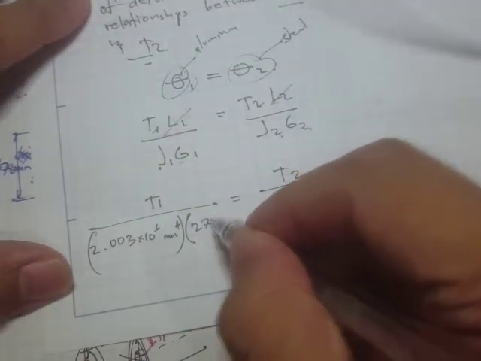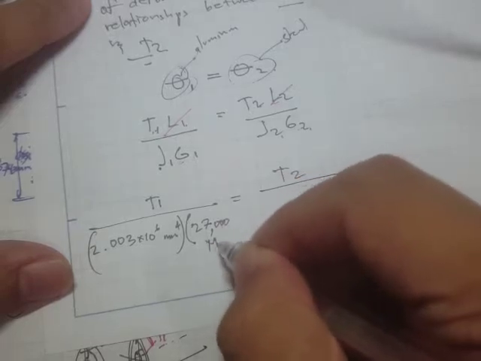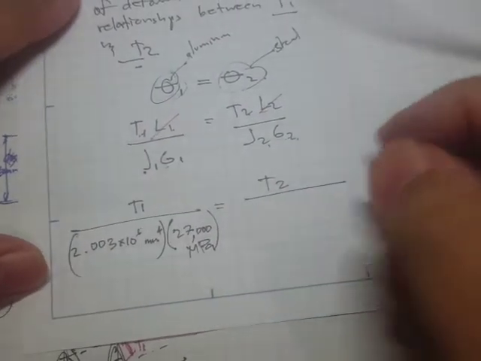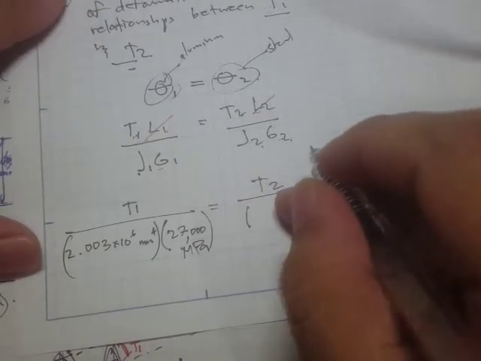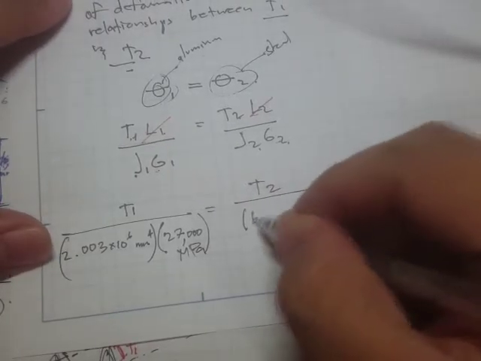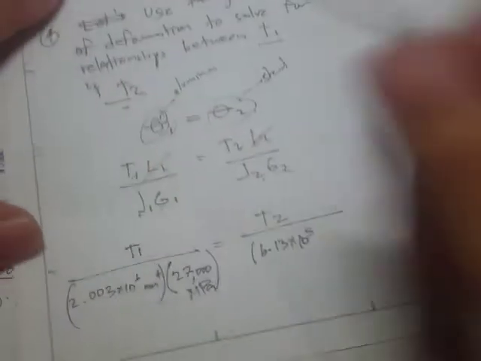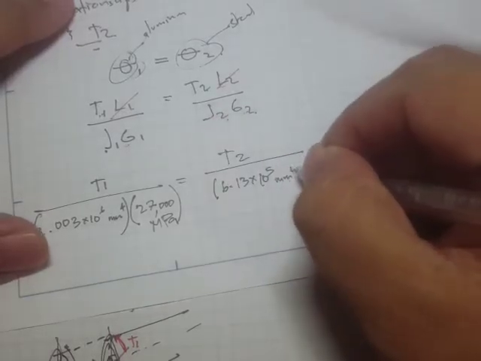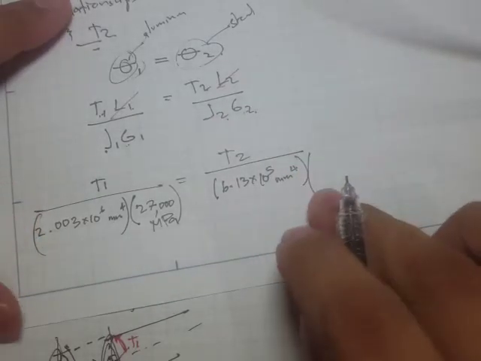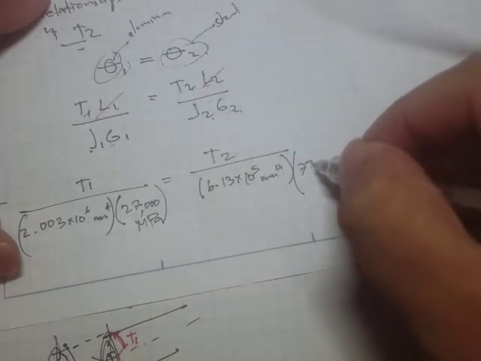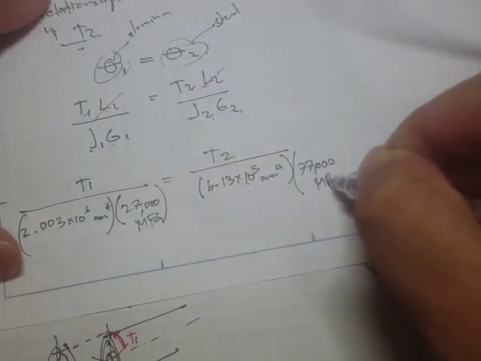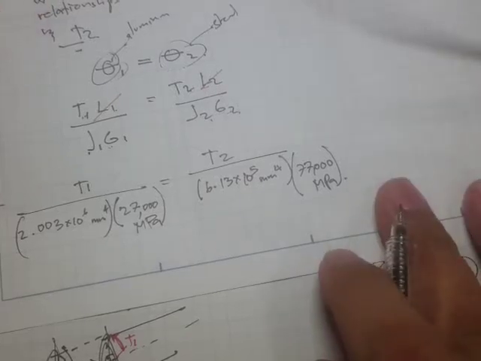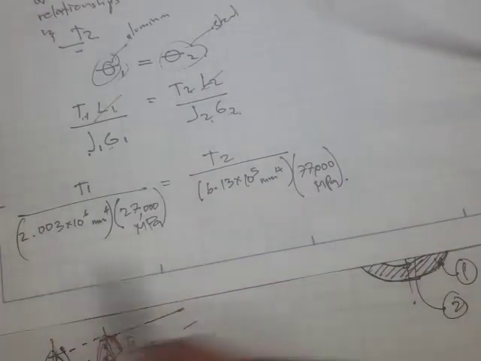This is 27, and I would like to write in terms of megapascals, so that's 27,000. And for steel, this is 6.13 times 10 to the 5 mm to the fourth as well, times the modulus of rigidity, which is 77,000 megapascals.